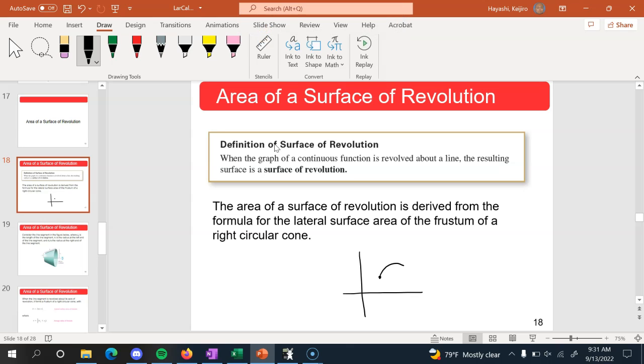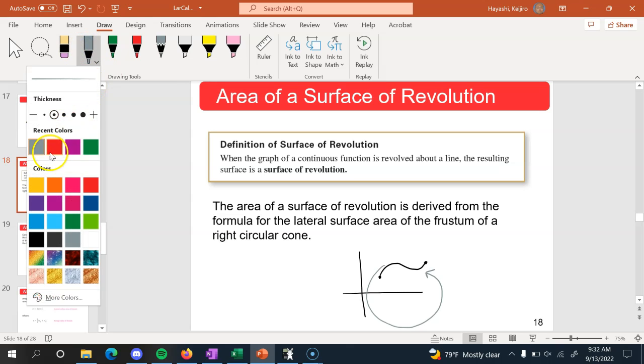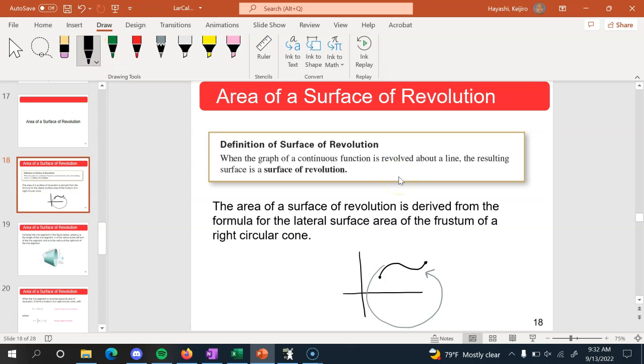let's just say that you have a curve like this, and you take it and you rotate it around an axis. Like, let's say you rotate this around the x-axis in space. You're going to end up with a surface of revolution.